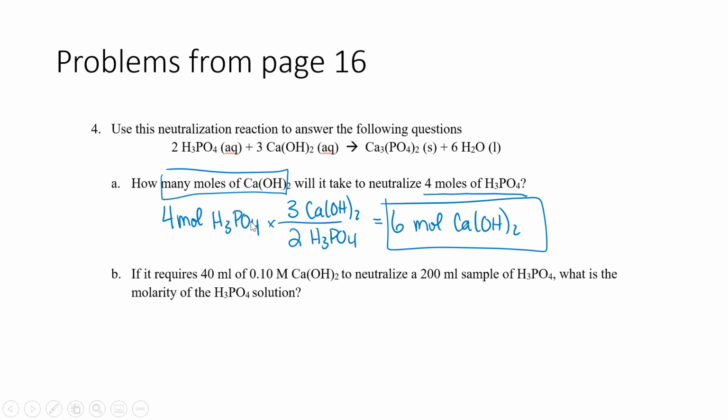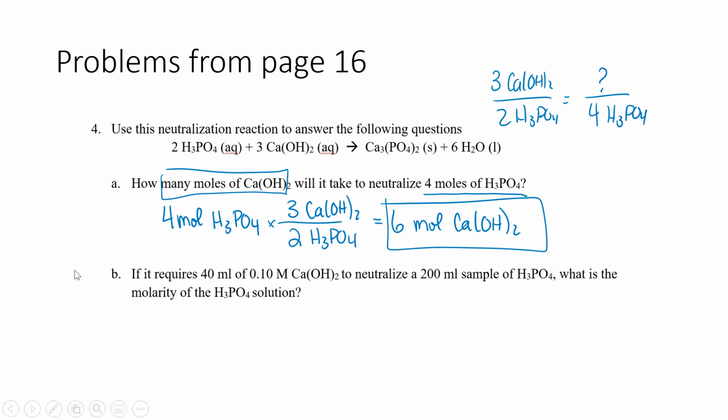And you don't have to set it up this way. You could set it up different ways, right? You could use your ratios. You could say that 3 calcium hydroxides per every 2 H3PO4 is X divided by 4. However you set up your math is totally fine. Just make sure you show your work. There are different ways of getting to that same answer.